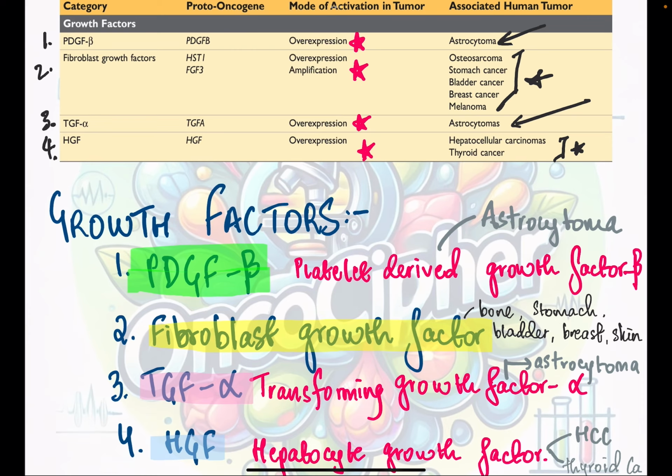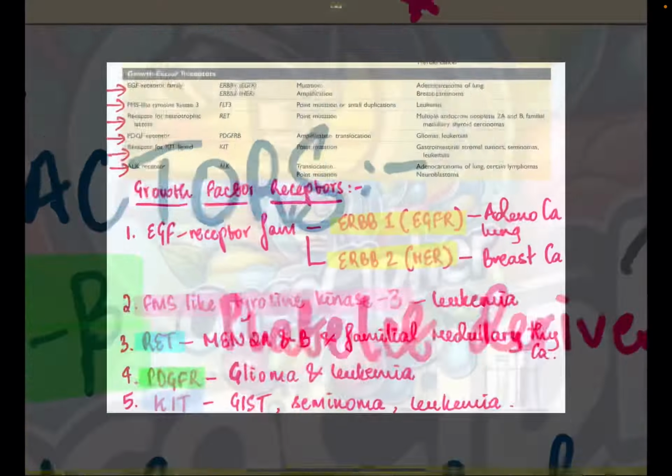The third one is transforming growth factor alpha, the overexpression of which causes astrocytoma. And finally, we have the hepatocyte growth factor, the overexpression of which leads to hepatocellular carcinoma and thyroid carcinoma. Okay, so these were the important growth factors.